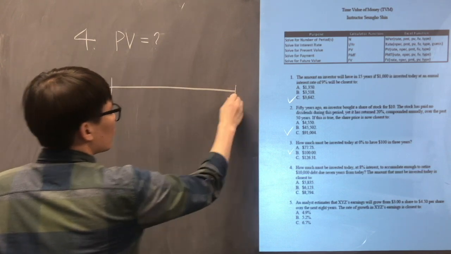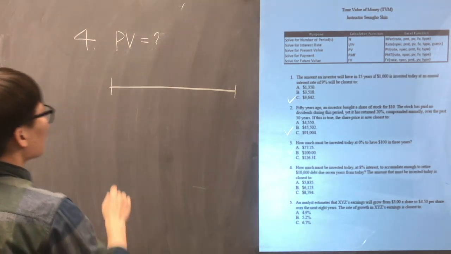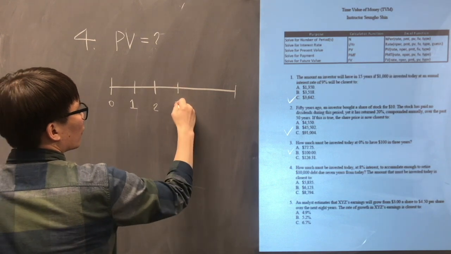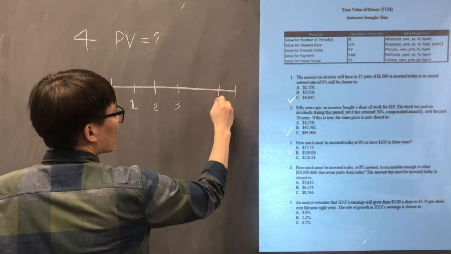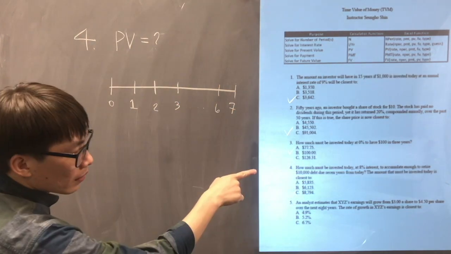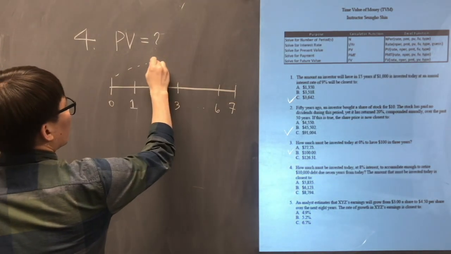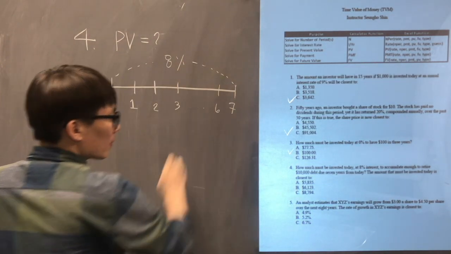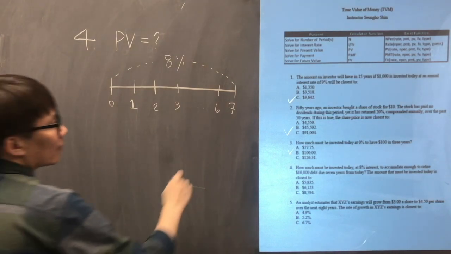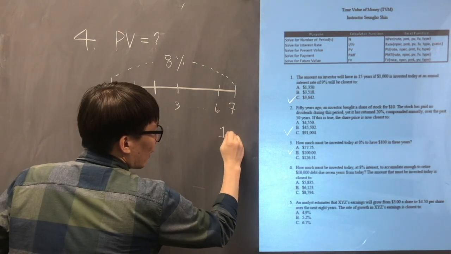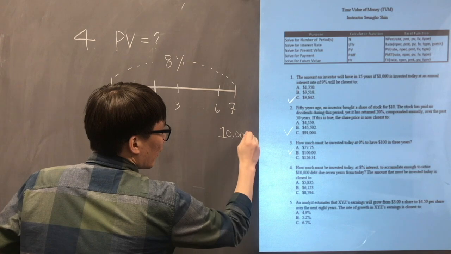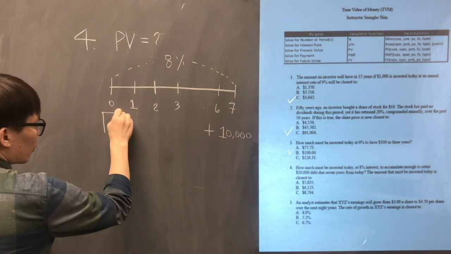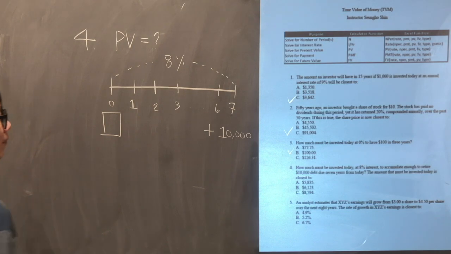Draw the timeline. 0, 1, 2, 3, dot, dot, dot, 6, 7 years. Interest rate equals 8%. He or she needs 10,000 at year 7. So you need to invest a certain amount of money today.